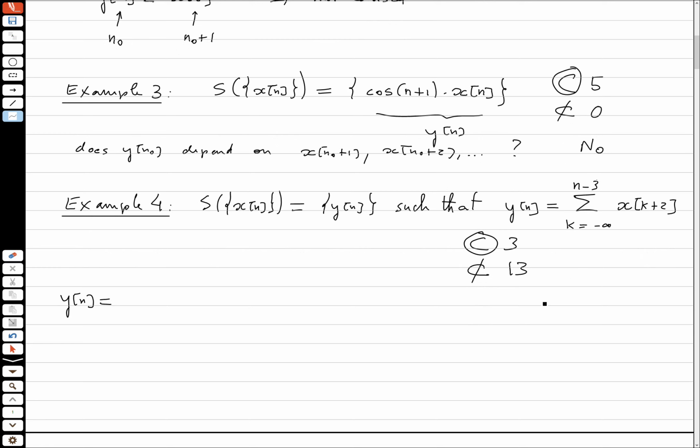So the top is k equals n minus 3, so you get x of n minus 3 plus 2. And the next is x of n minus 4 plus 2, because I'm going down now, starting from the top. Etc.